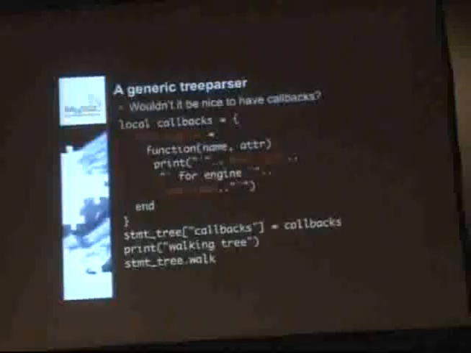So the Lua syntax is basically a hash called callback, and the key is, in this case, show engine. That corresponds to the callback positions you can have in the tree parser. This obviously gets called back when the parser sees the show engine.